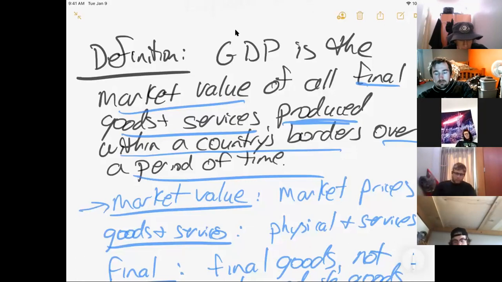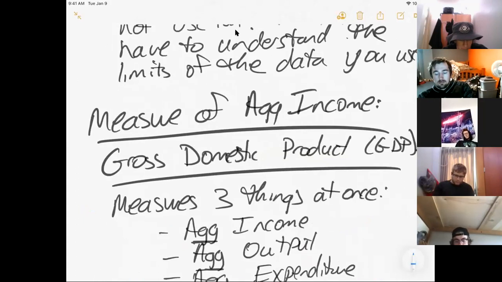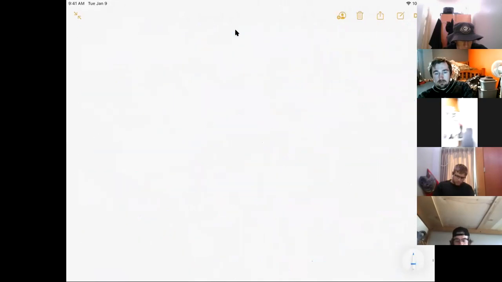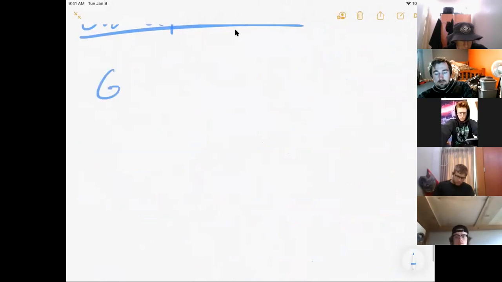Okay, so that's GDP. Now, GDP is a big number, as we're going to talk about here in a minute. In 2020, it was over $21 trillion. That's such a big number that oftentimes economists find it useful to break GDP up.